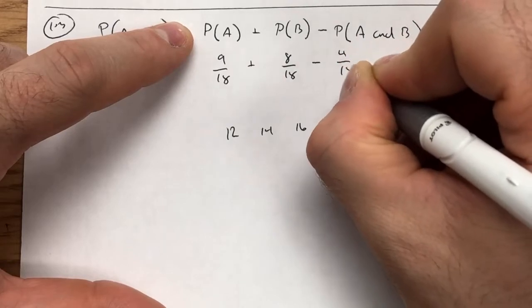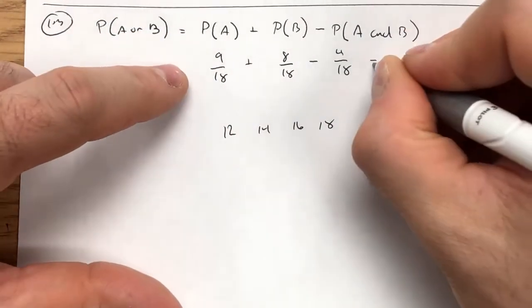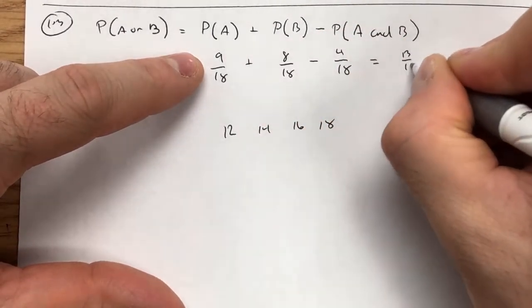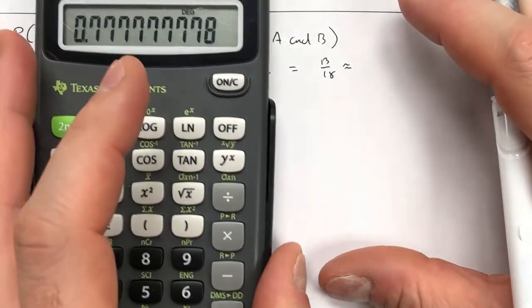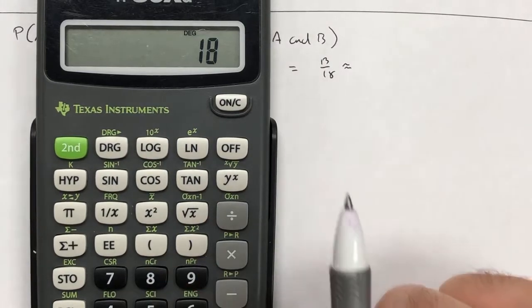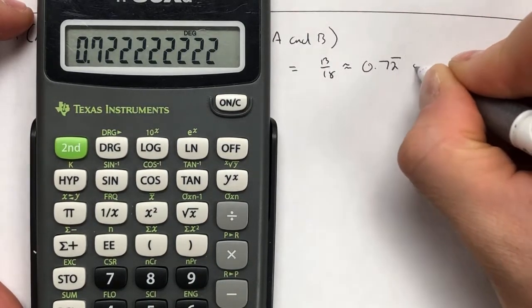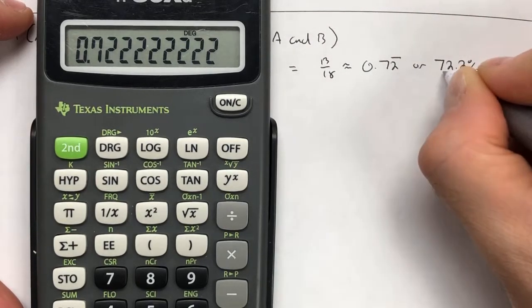So 4 out of those 18 were double counted there in both of those lists. So 9 plus 8 is 17, minus 4 is 13 out of 18, which is roughly equal to 0.72 repeating, or 72.2%.